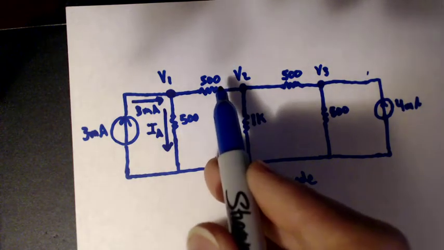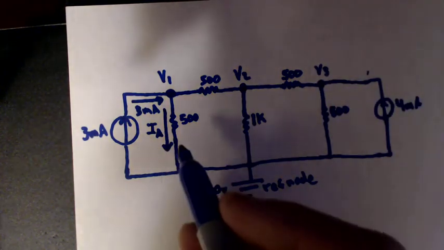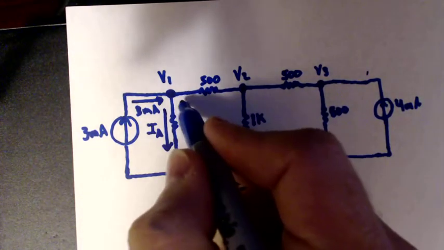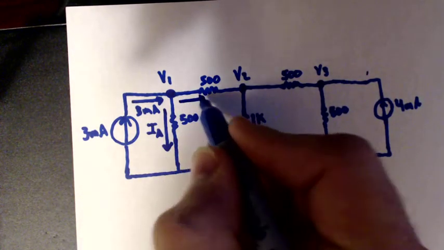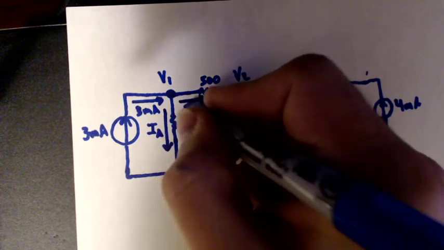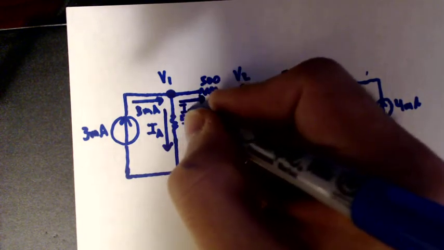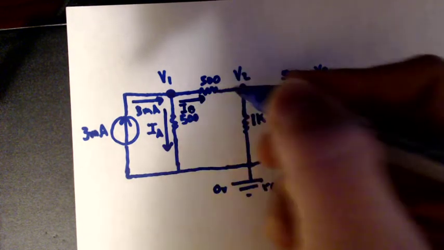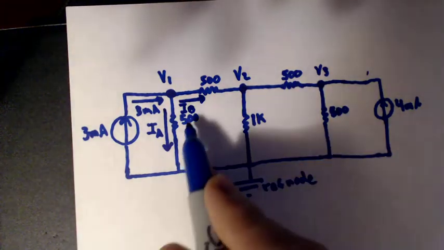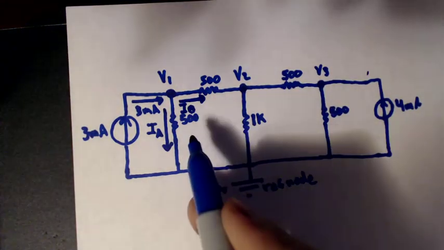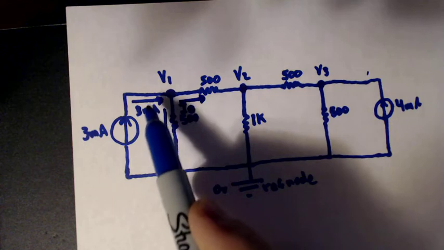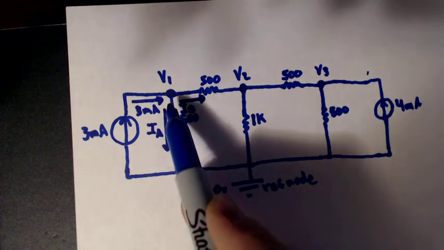I'm going to write this one such that it is leaving the V1 node, and I will call this IB. Sorry if that's a little small. So now I have all currents listed for this V1 node.